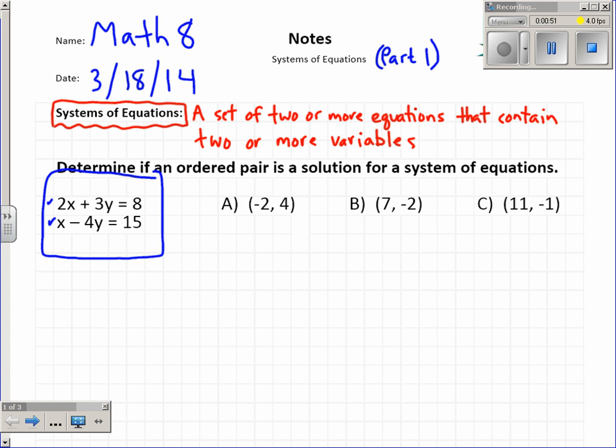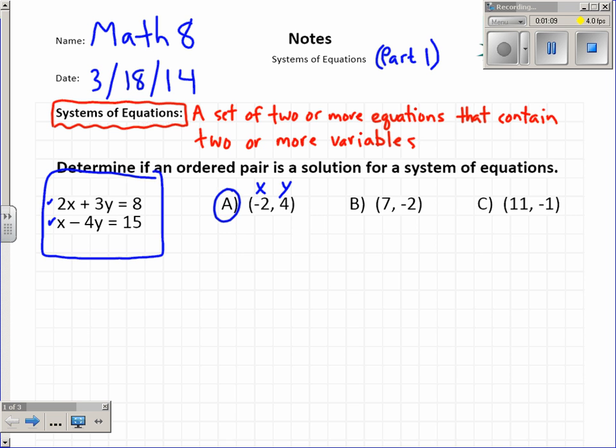The first thing that we're going to do with these is we're going to give you a coordinate pair, such as example A, and you have to determine is that a solution for those two equations. So basically, this is our x value, that's our y, and we just plug into the equation.